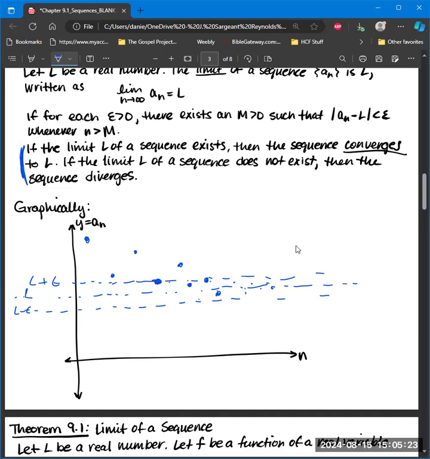Then after this 1, 2, 3, 4, 5, 6, 7th term right here, that there is a capital M here, is 7.